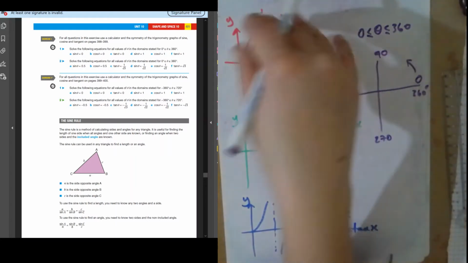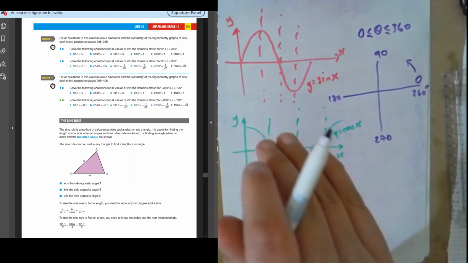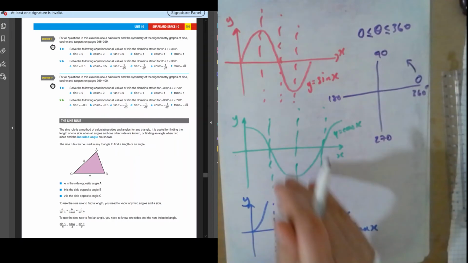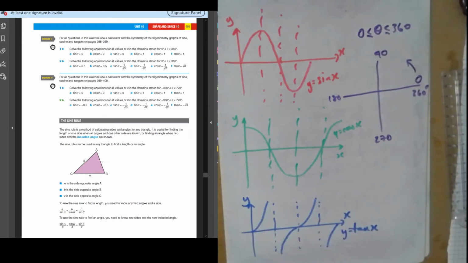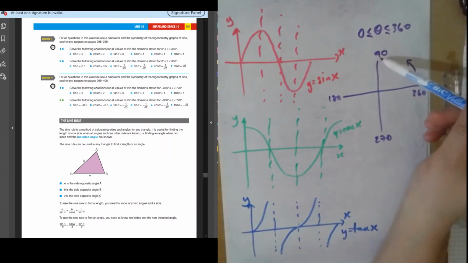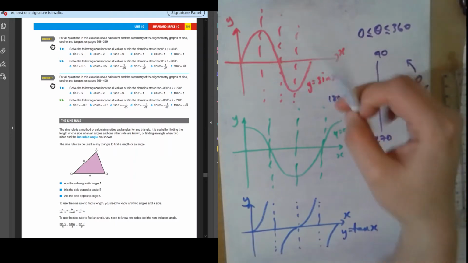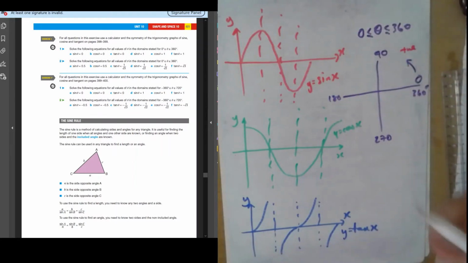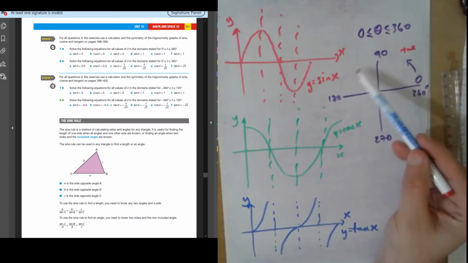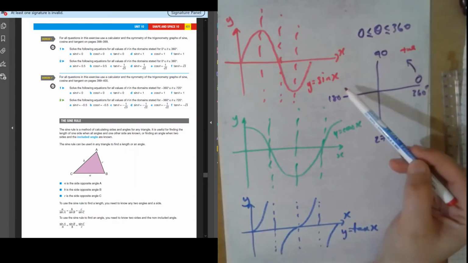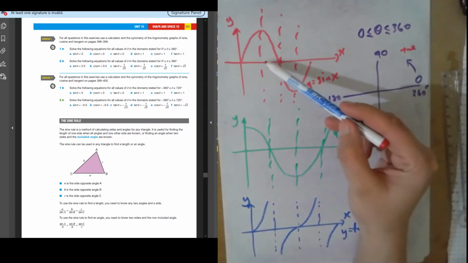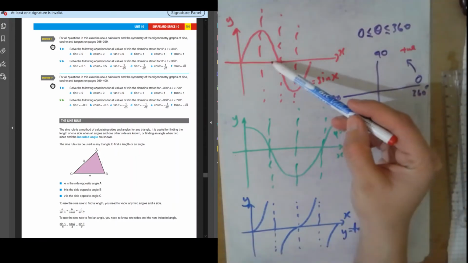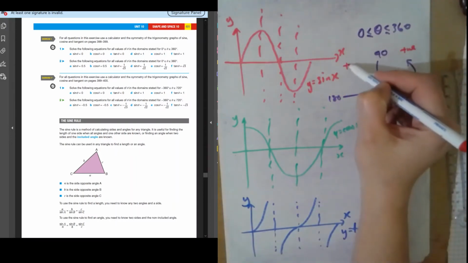Now we just want to insert the sine, cosine, and the tangent. If I look at the sine, between 0 and 90, is it positive or negative? It's above the x-axis, so this would be positive. For the second quarter, between 90 and 180, it is still positive.